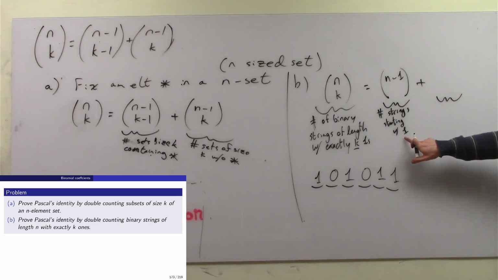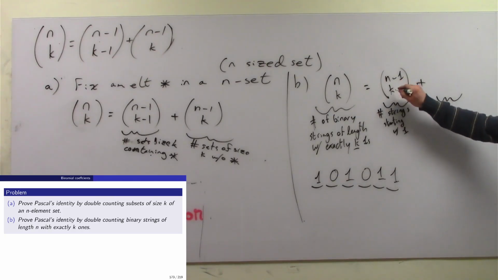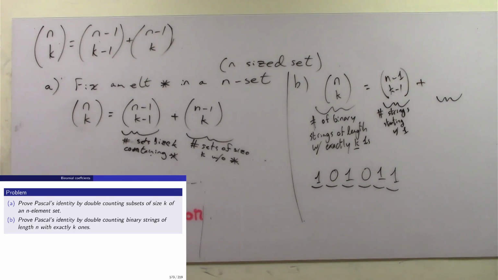Our first bit is a 1, so we have k minus 1 other places to fill out our string. Or we start with a 0. And in this case, we fixed the first element, so we only have n minus 1 things to choose from. Awesome.